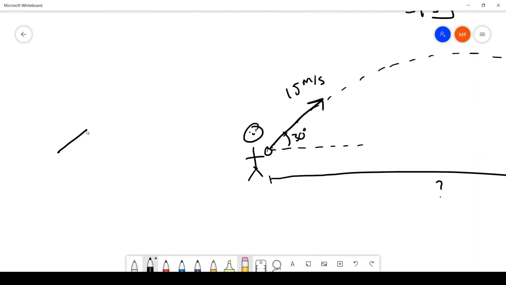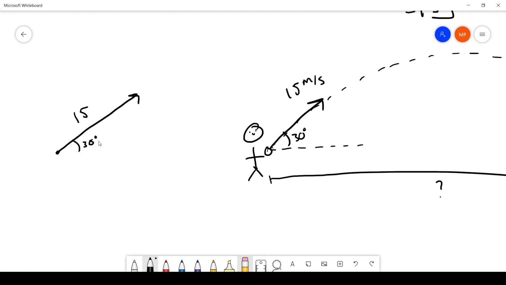The definition is that a vector is basically something that has a magnitude and a direction, in which the magnitude is like the length. The length would be 15 right here, and the direction would be this in the upper right fashion here. And this is thrown at 30 degrees to the floor.